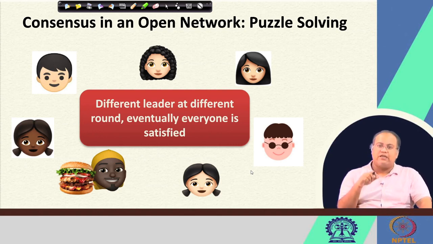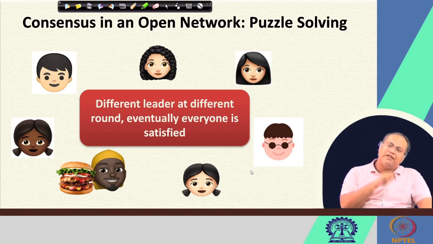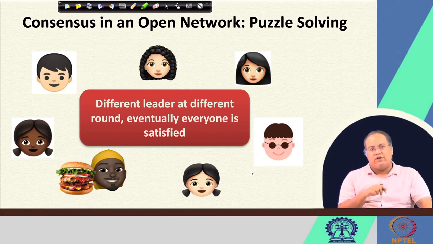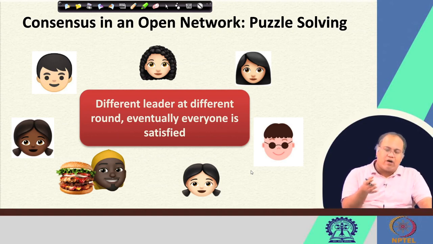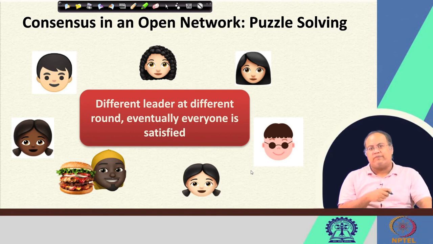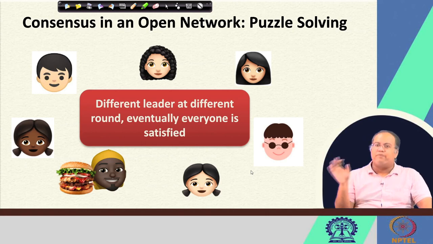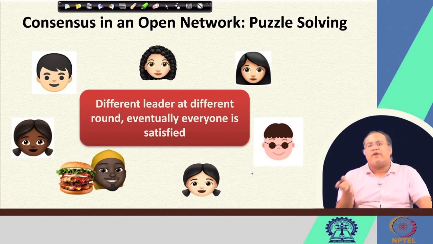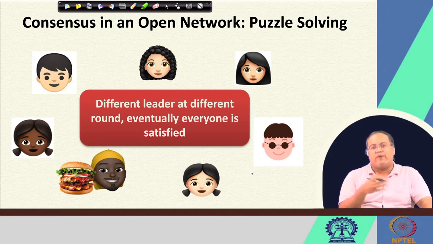Different people will solve the puzzle at different rounds, so in different rounds different people will get elected, and whatever that person says, I will go with that. So maybe in today's lecture, one of my friends solves the puzzle and says pizza, we go for pizza, and then in tomorrow's lecture another person wins the puzzle and says burger, we go for the burger, and so on. That way everyone becomes happy, because in different rounds different people may get elected.